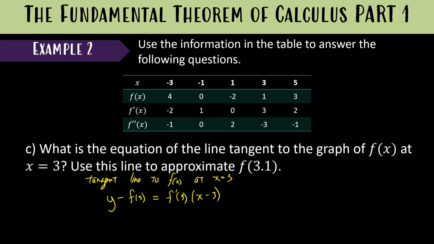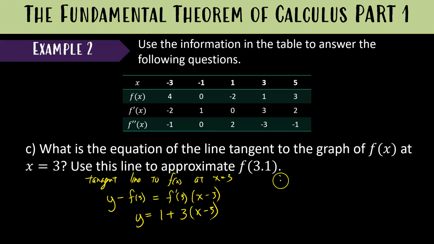I'm going to rearrange. I'm going to bring this f of 3 to the right-hand side since I know we're going to approximate 3.1. So let's see. Y is equal to, what's f of 3? F of 3 is 1 plus f prime of 3 is 3 times x minus 3.